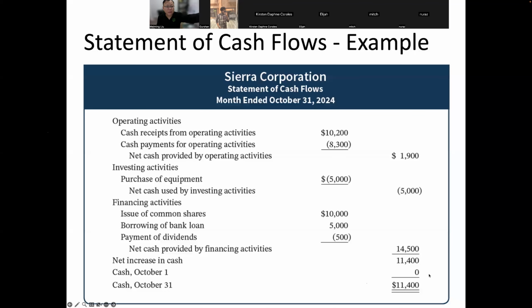So again, be careful with the format, right? This format is what I expect you to work on in the exams. In exams, when I mark your statement, I will see if you have all these different lines. Not only do you want to get the correct number, you also should have the correct format, right?